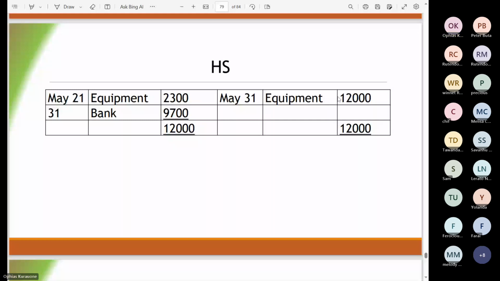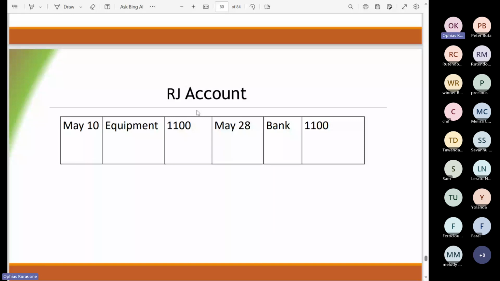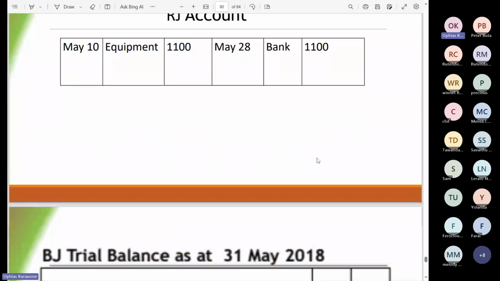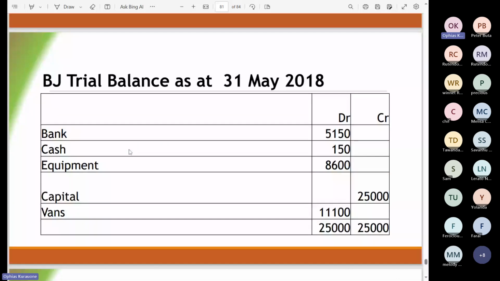He was losing. Then you paid him bank and returned the other equipment. RJ account, we gave him equipment received and he paid bank. So he lost money from the bank. Then bank 5,150. These are balancing figures.